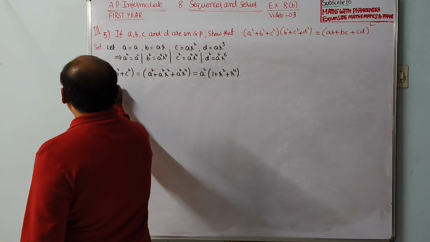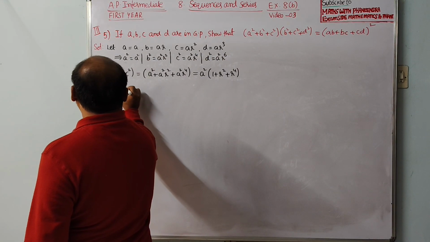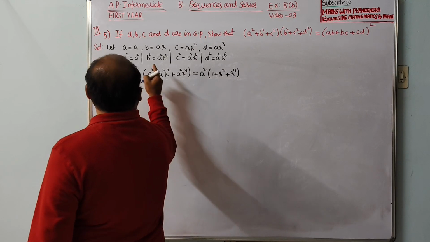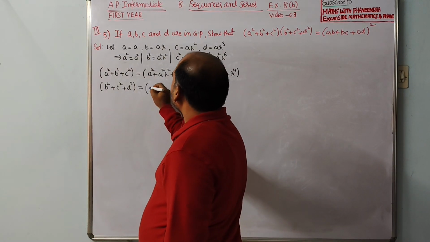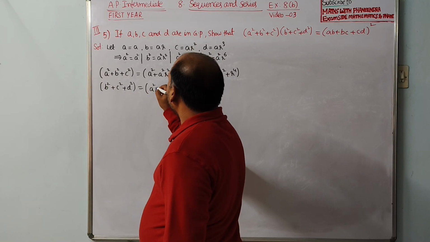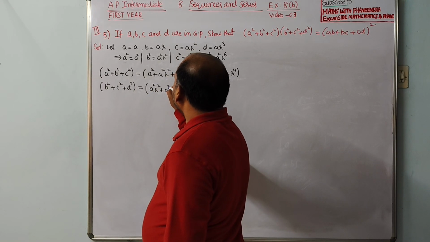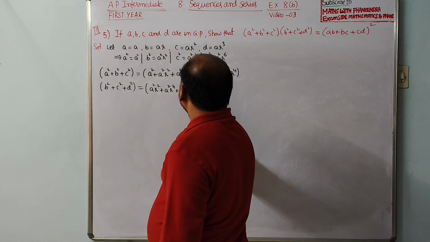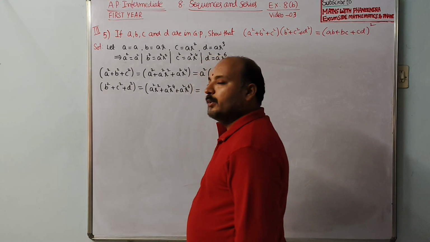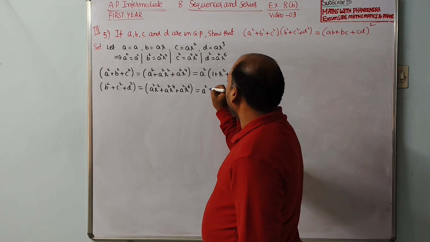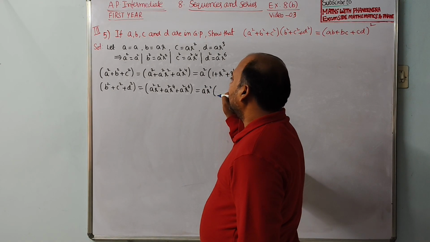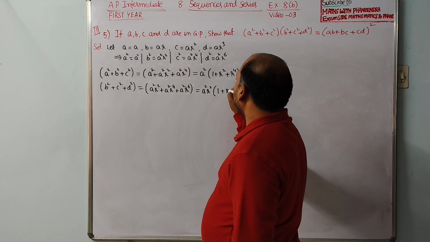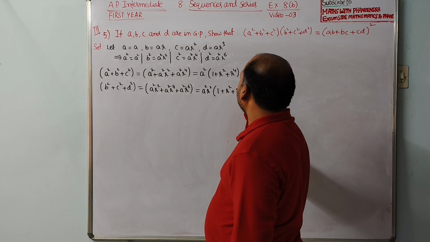Next, B square plus C square plus D square, the sum of these three terms. B square means a square r square plus a square r power 4 plus a square r power 6. So a square r square common: 1 plus r square plus r power 4.